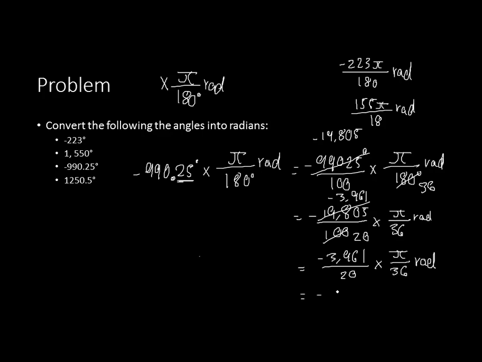But anyways, here's the answer: negative 3,961 pi all over 20 times 36. We have 720. So this is your answer: negative 3,961 pi all over 720.